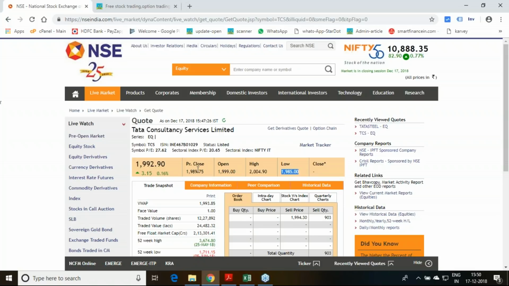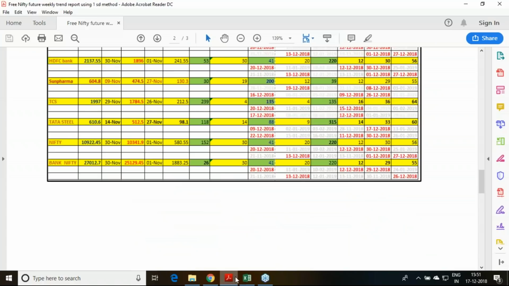It is in fact negative as compared to the previous close, and closing at a very minor uptrend. So you may consider it as a failure of trend reversal for TCS, or you may think that yes, it is just a consolidation phase and this major trend reversal does not impact TCS fully. So these two things you have seen.